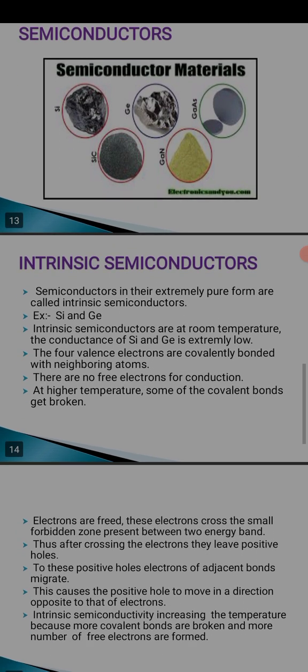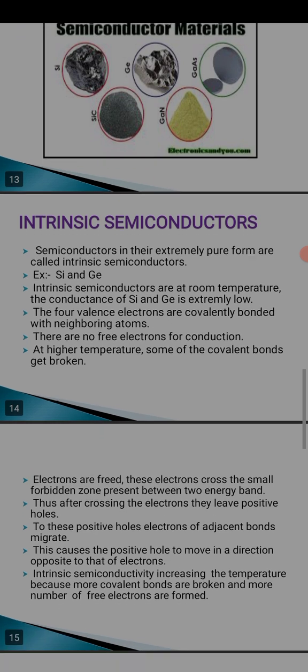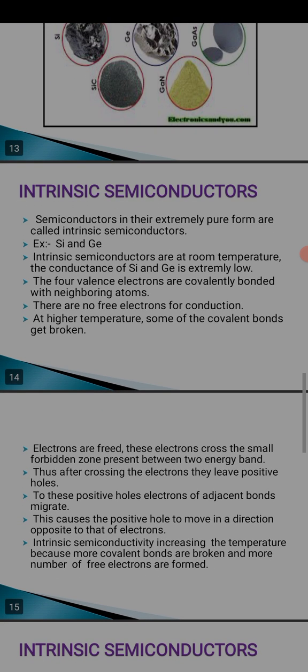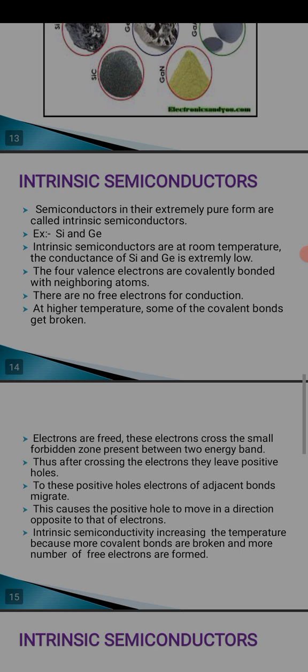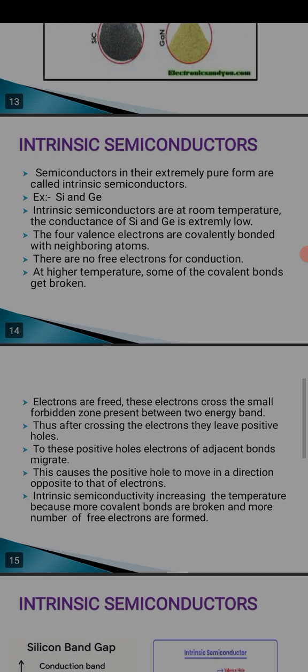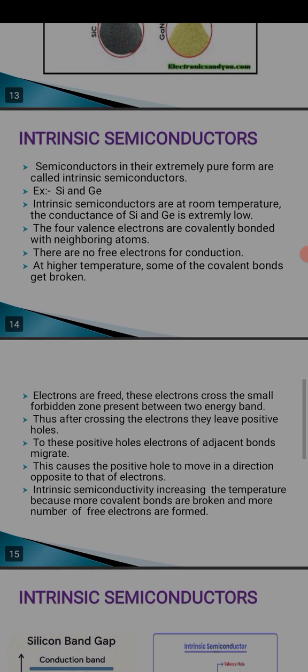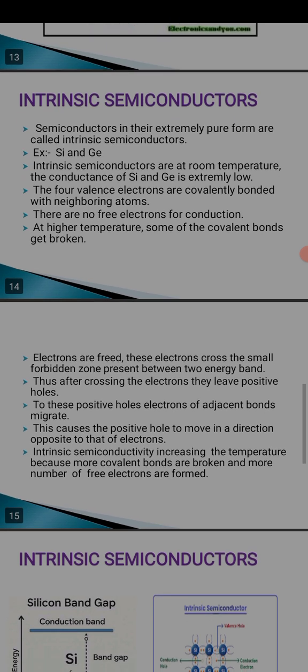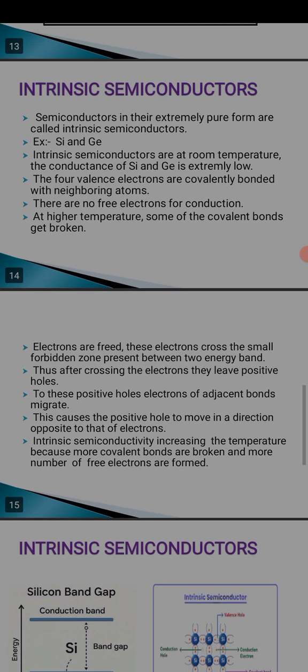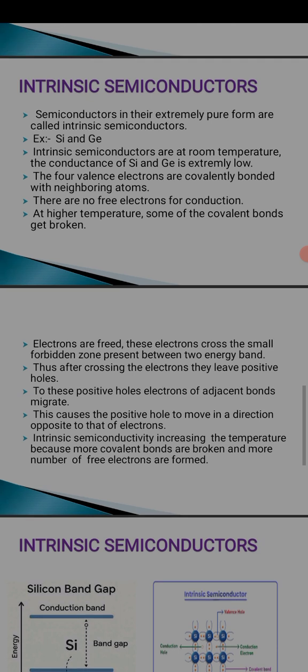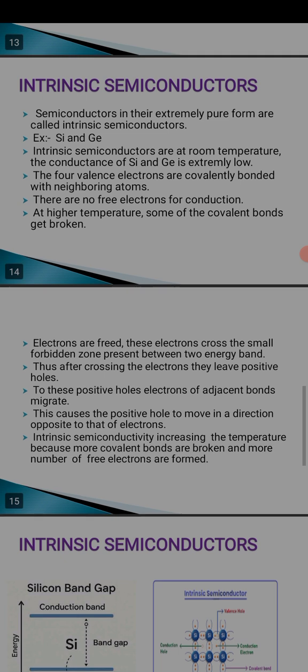Intrinsic semiconductors. Semiconductors in their extremely pure form are called intrinsic semiconductors. Examples: silicon and germanium. At room temperature the conductance of silicon and germanium is extremely low.